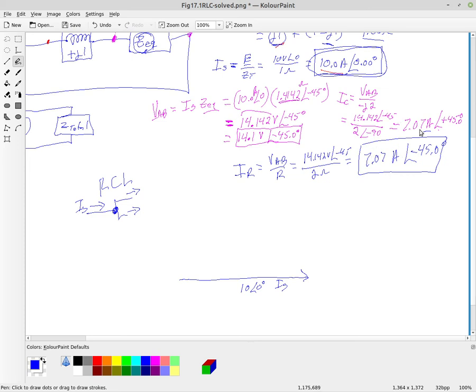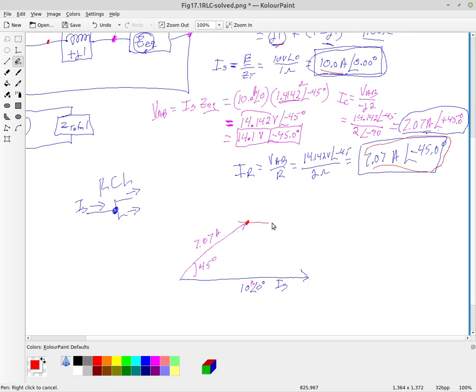And now here's my capacitor current. My capacitor current is going up this way at 45 degrees, and it has a magnitude of 7.07 amperes. And then we had our resistor current, which was at minus 45 degrees.